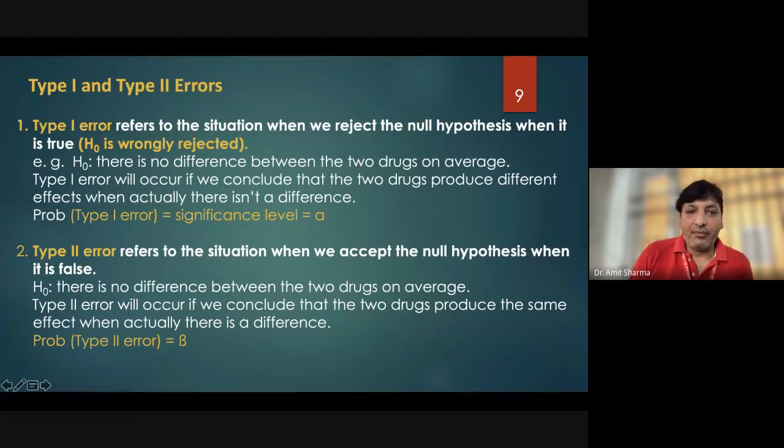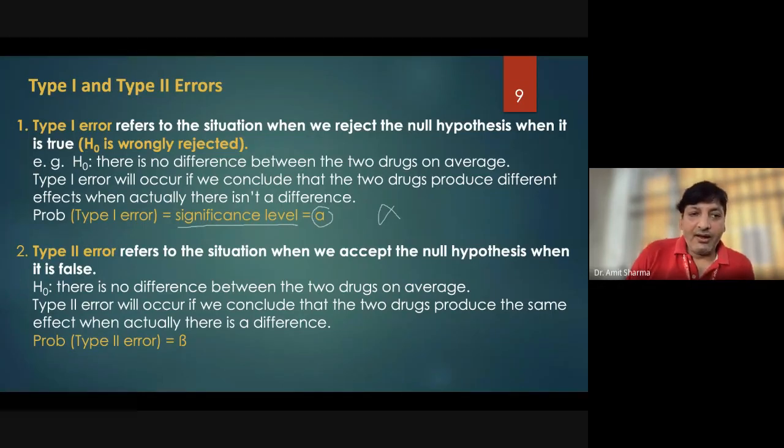And in statistics, we used to designate type 1 error with a sign called alpha. I have written A, but it's alpha, and it will be quoted as the significance level. So how much is the significance level you are expecting? That will be equivalent to the type 1 error in the research.